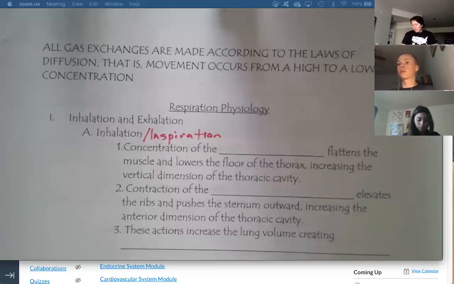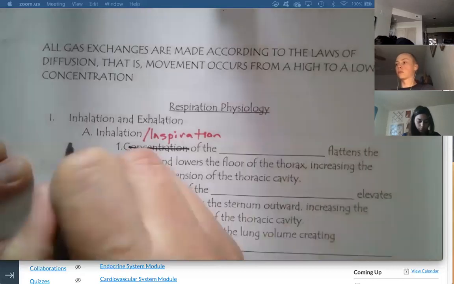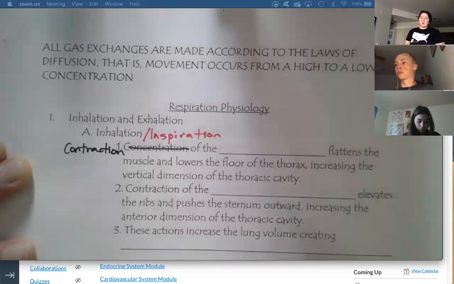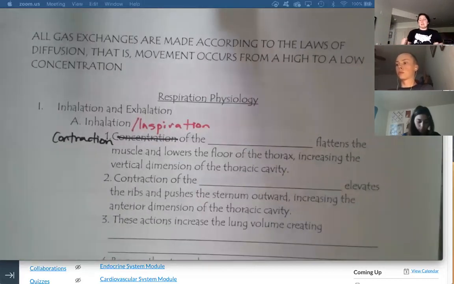So let's do this. We're going to talk about inspiration or inhalation first. This word should not say concentration, it should say contraction. Typo.